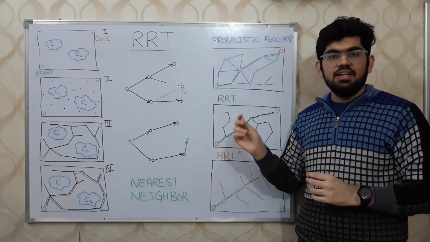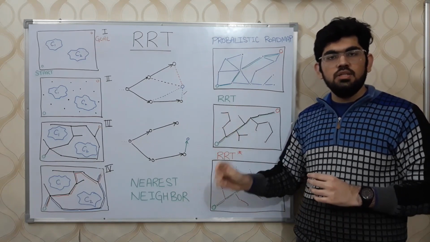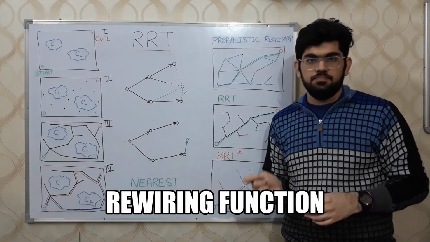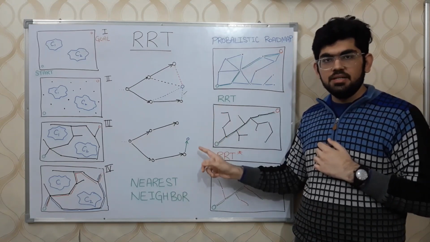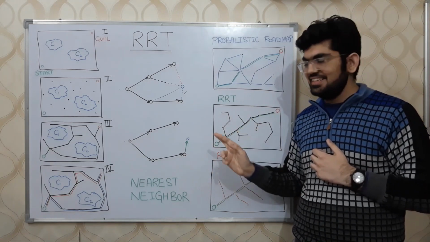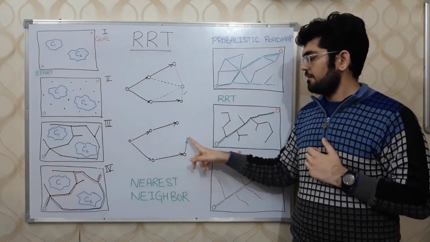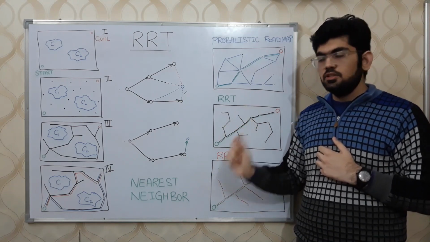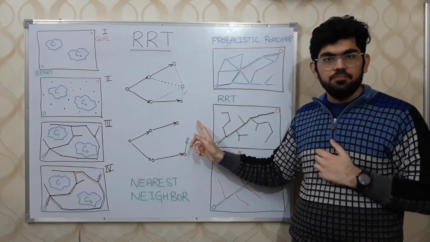Second, once we have connected this newly sampled point to the current graph, we apply a rewiring function. We iterate over the neighbors of this newly sampled point and check their distance from the start node that passes through this newly sampled point.